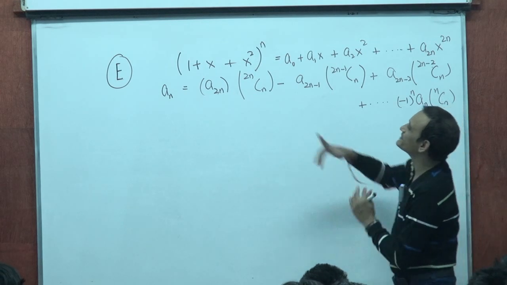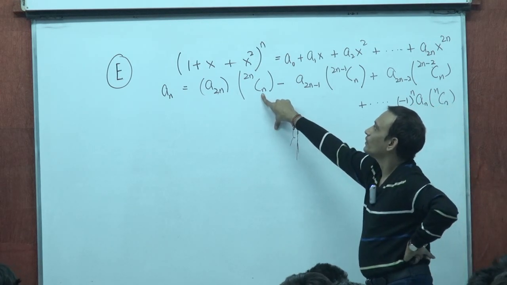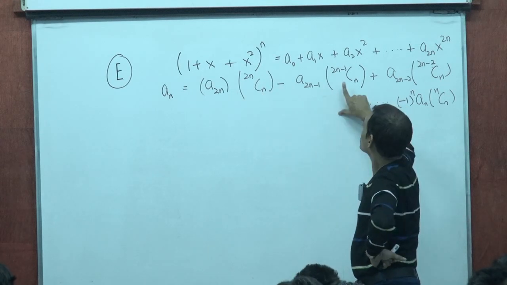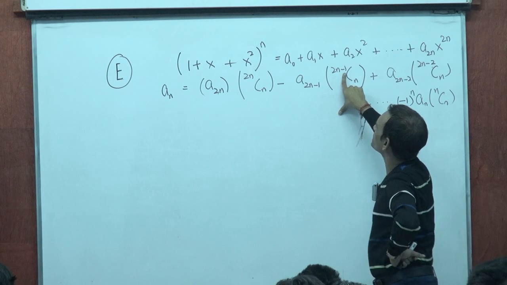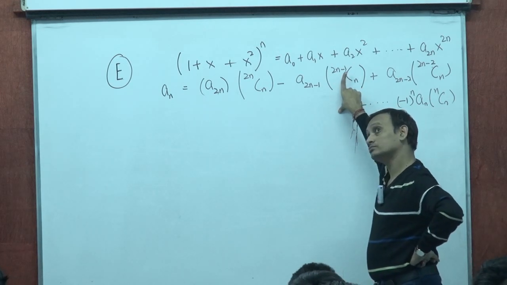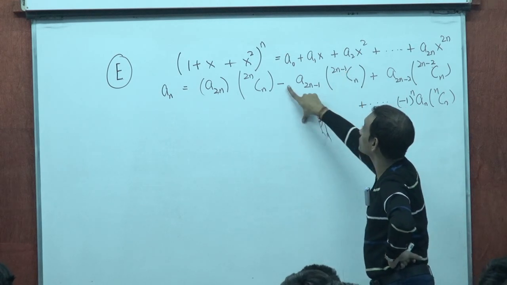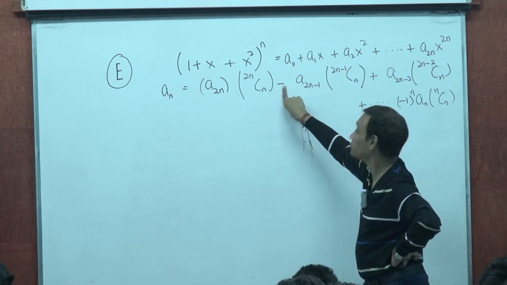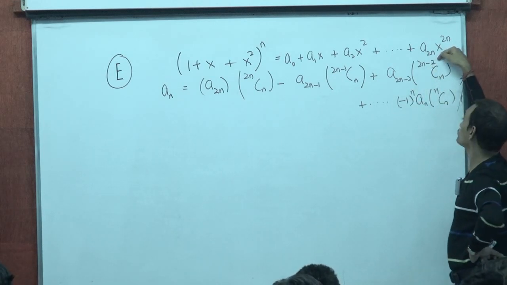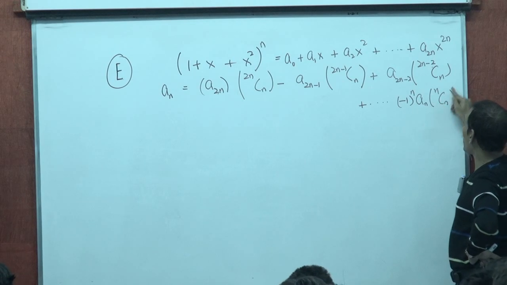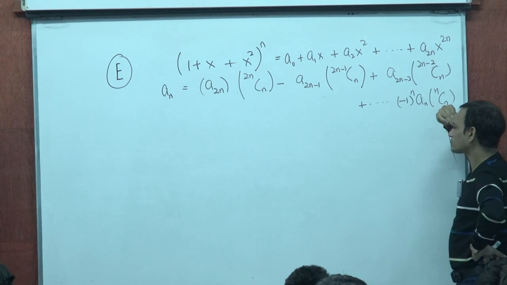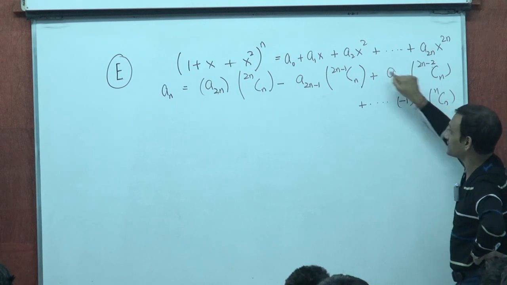Now, what is 2nCn really? Coefficient of x^n in (1 + x)^(2n). What is (2n-1)Cn? Coefficient of x^n in (1 + x)^(2n-1), but with a minus sign now. Then x^n in (1 + x)^(2n-2), and x^n in (1 + x)^n. This is alright, but the minus signs now.